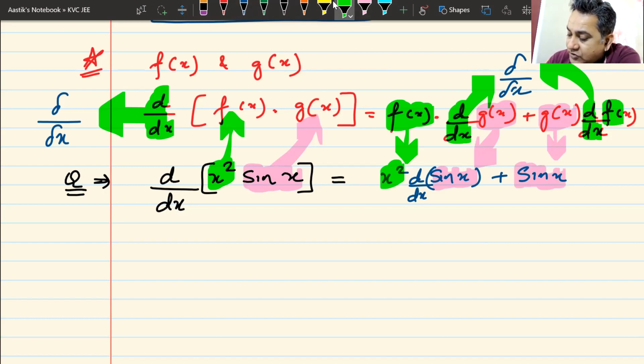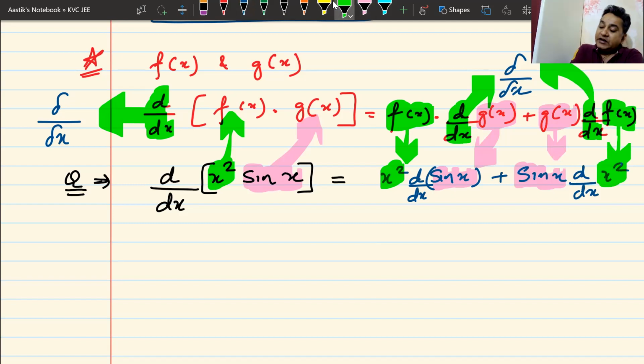And then I have the derivative of f of x, so I'll have to write d by dx of x squared. x squared is your f of x. That is your green function. Everything is quite evident now.